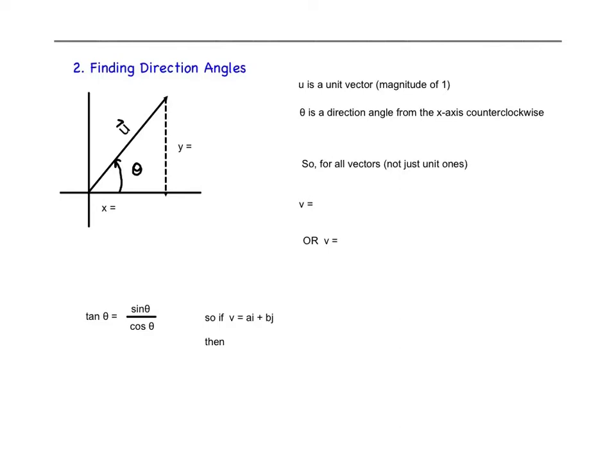Okay, so u is a unit vector. It has a magnitude of 1. What that means is this length is 1. And so we are back to the unit circle, because remember that the radius of the unit circle is 1.